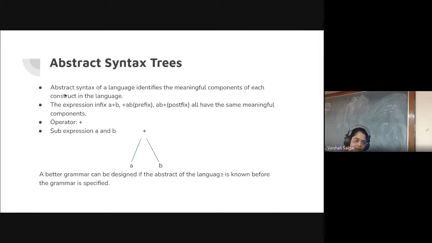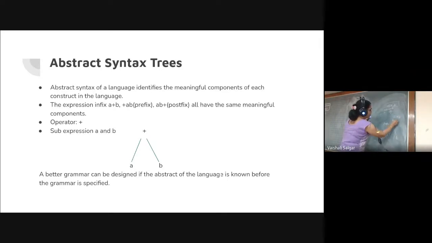If you are going to represent the abstract syntax tree, it is identifying the meaningful components.